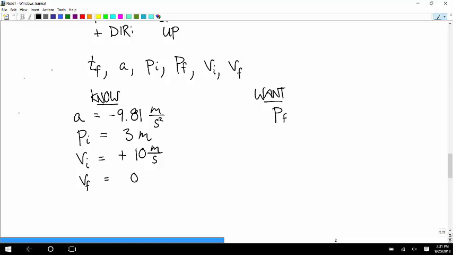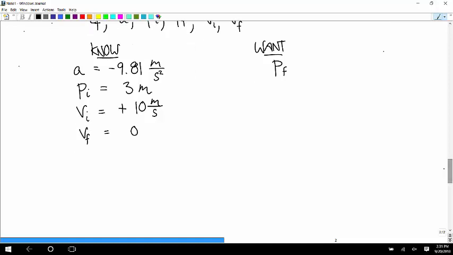Okay, is there one of these equations that works with these? I think the one that works is 2a times the quantity pf minus pi is equal to vf squared minus v initial squared.